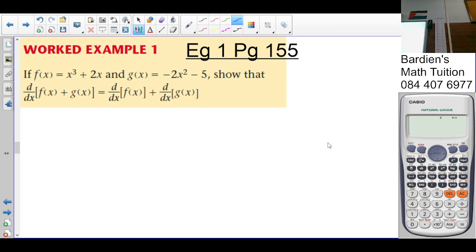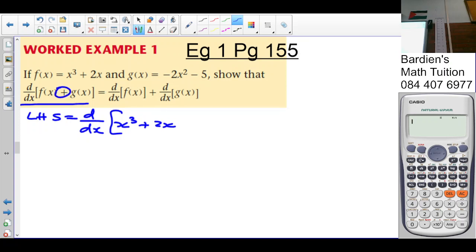What are we going to say? This is now, of course, the left hand side of the equal sign. So it's the derivative with respect to x of, what is f of x? x cubed plus 2x. Plus, because we're adding, plus negative 2x squared minus 5. You all agree with that? Now simplify that and you apply a derivative.